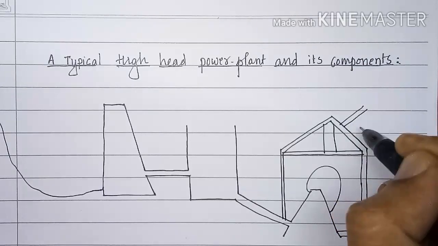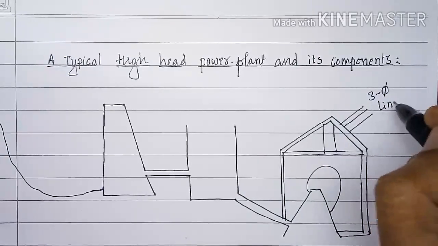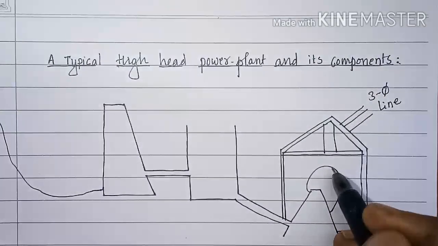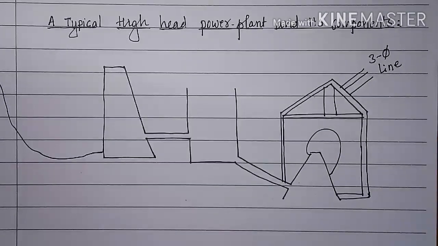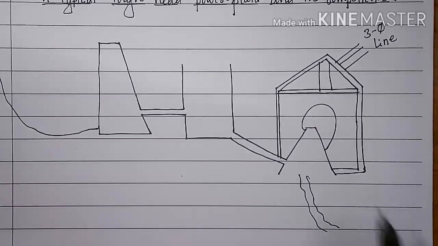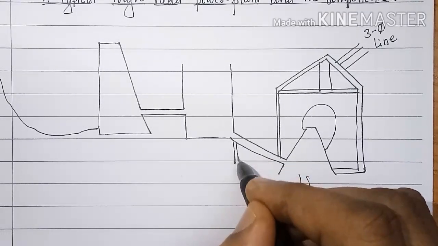Here I will show a three-phase line. These three-phase lines are coming from generator. The water coming out of turbine, as you all know, is tail race. Support to the penstock.